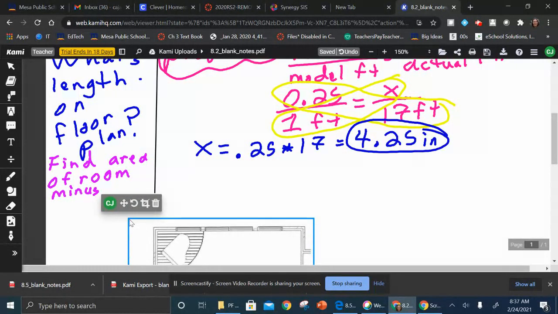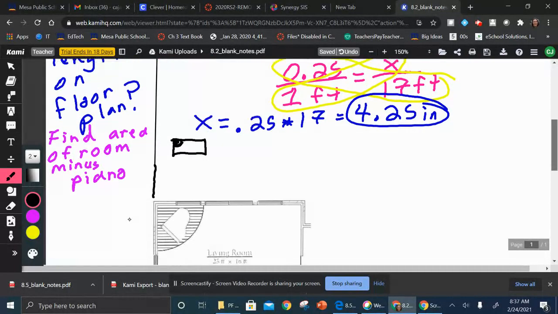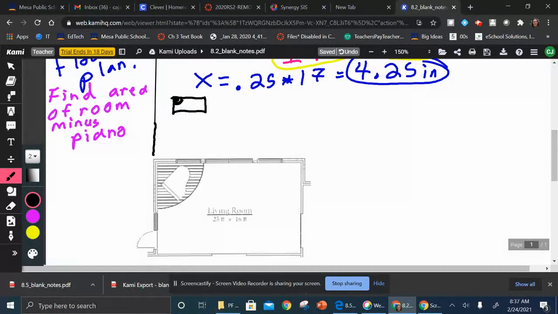So minus the piano. We have to find the area, because we have that little piano there.